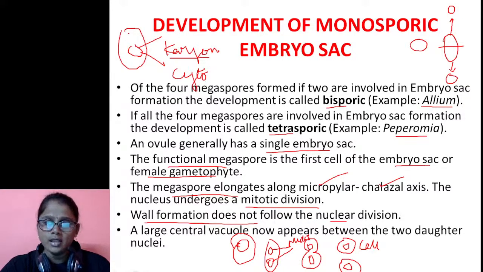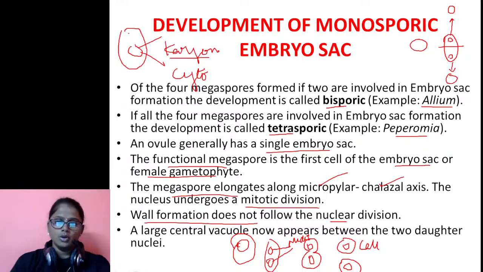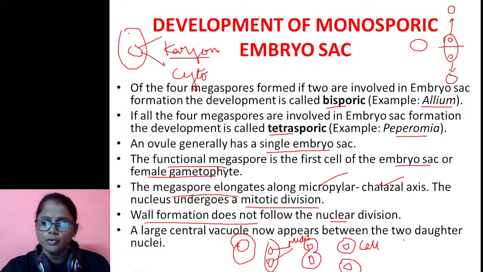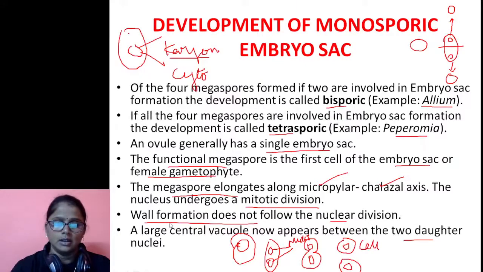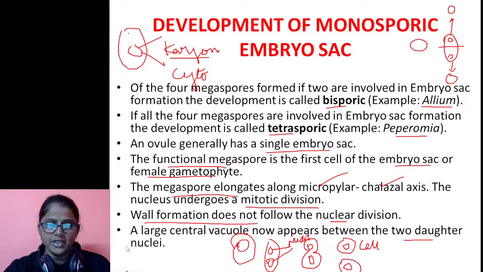One nuclei went to the micropylar end and the other nuclei went to the chalazal end. So two daughter nuclei are formed. Okay, and now as the vacuoles which are present centrally, they are having a vacuole. Central large vacuole will appear between these two daughter nuclei. They are forming a large vacuole.